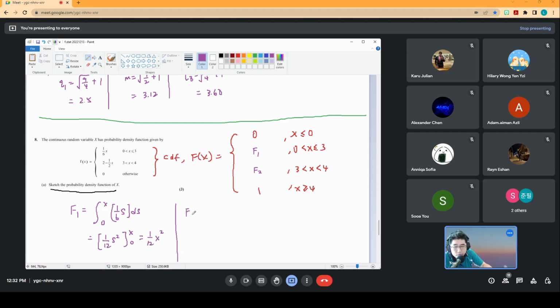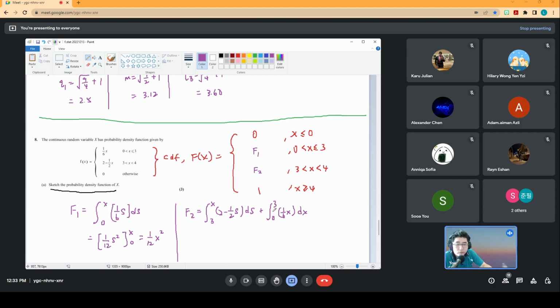For your F2, we will need to do from 3 to x of (2 minus 1 over 2 s) ds, plus the integral from 0 to 3 of 1 over 6 x dx.